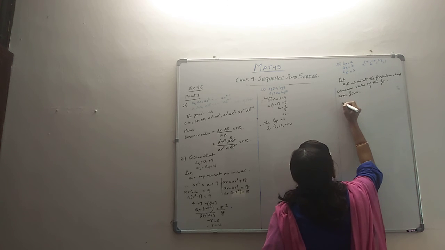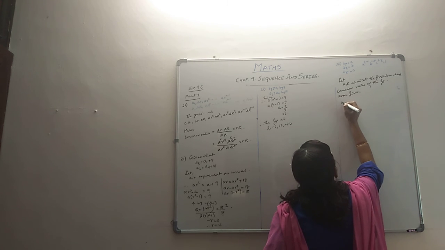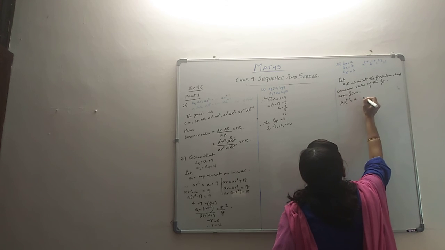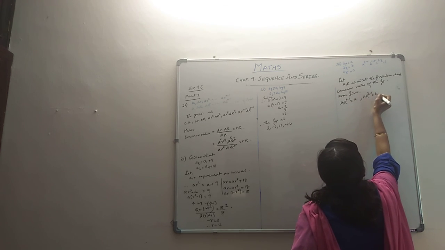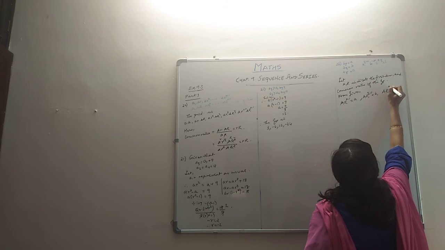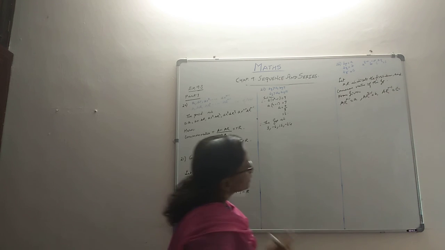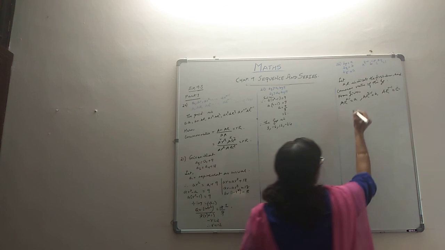From the given Tp, that means the pth term, so ar raised to p minus 1 is a. Next, ar raised to q minus 1 is b. ar raised to r minus 1 is c. What do we require? a raised to q minus r. So let's sketch this.